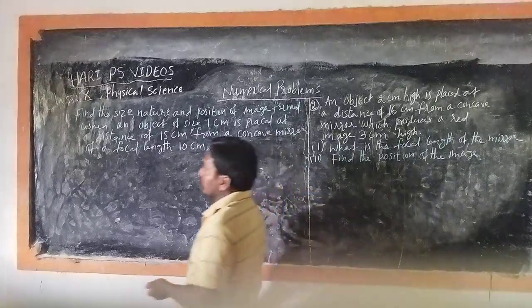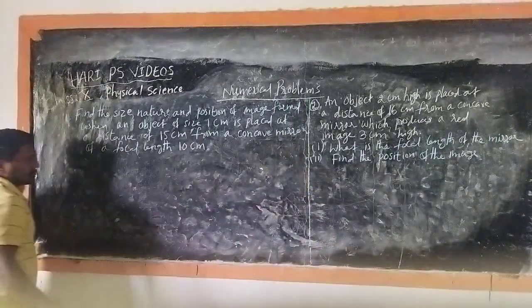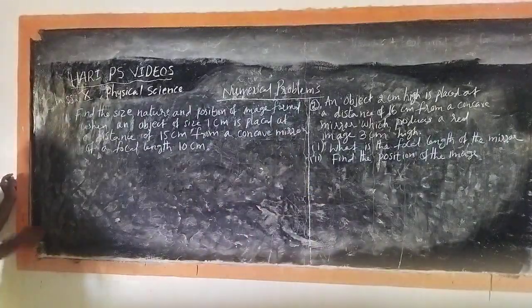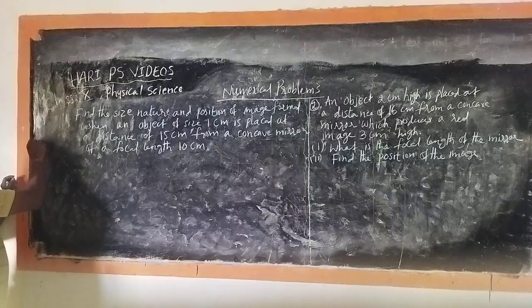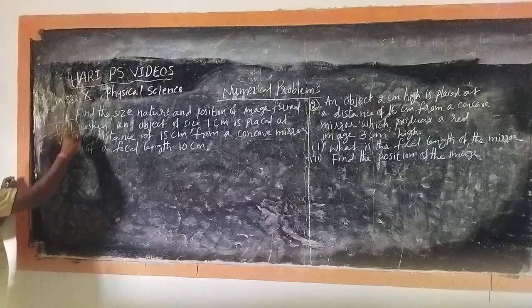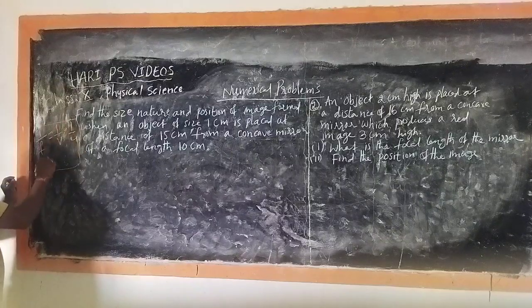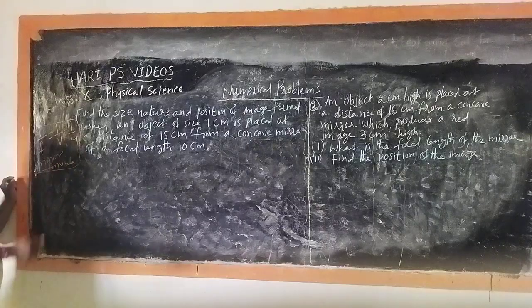Before that, let us write the formulas we have to use. The mirror formula: 1 by f equals 1 by v plus 1 by u. Write the formulas on the side of the paper or the side of the book.